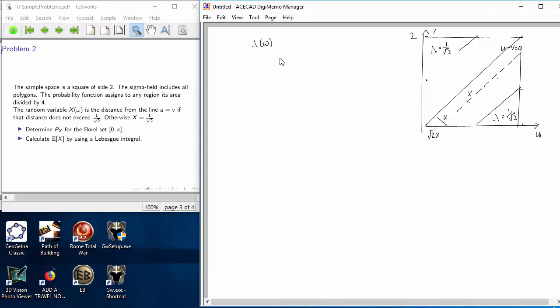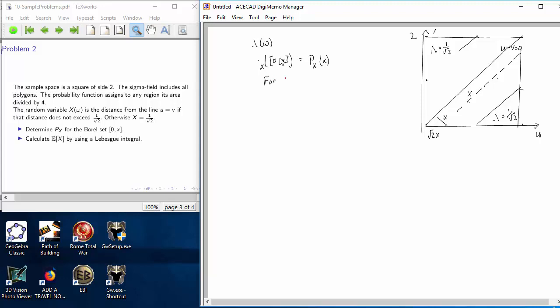So now I have to work out p sub x, the probability of the value lying in the interval from 0 to x. Which is usually written just as a function of little x. Okay.